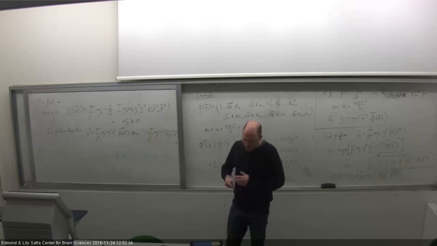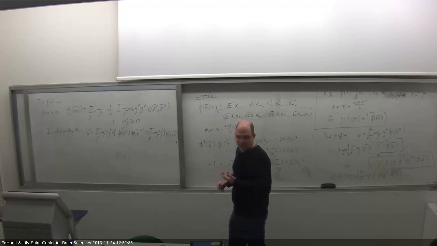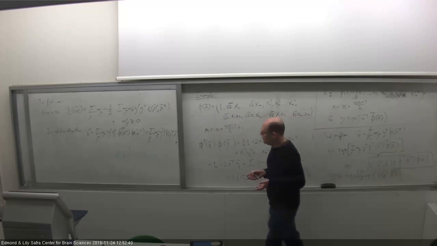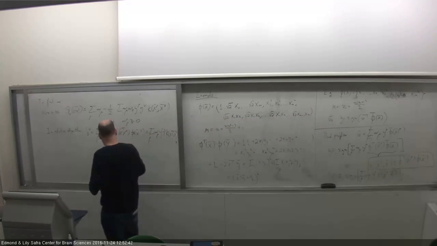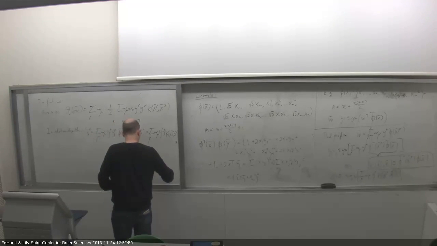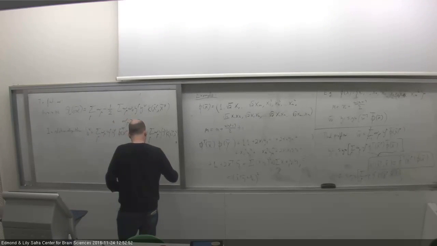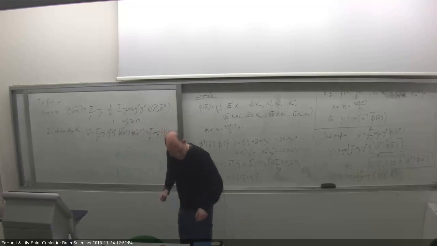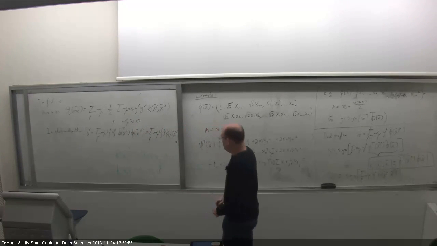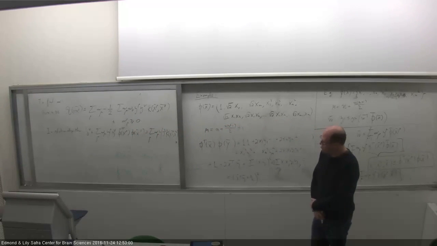Okay, and now this example can give us ideas for ways to expand to even higher dimensionality spaces. So for example, we could have chosen k of x, y, which is 1 plus x transpose y to some power d.